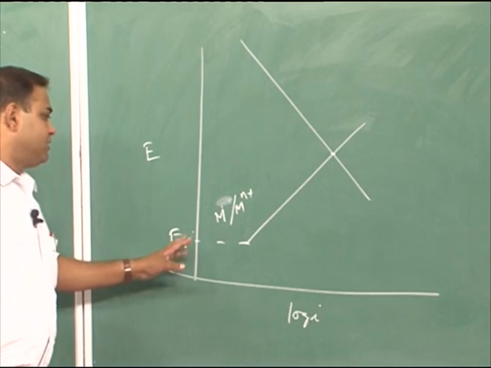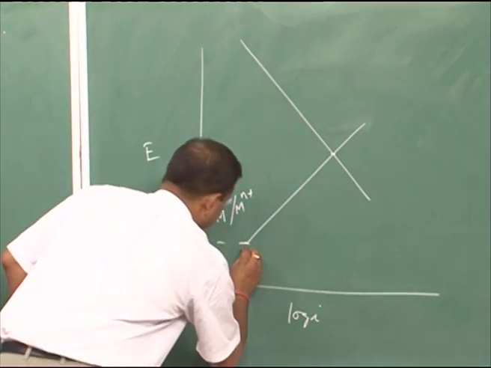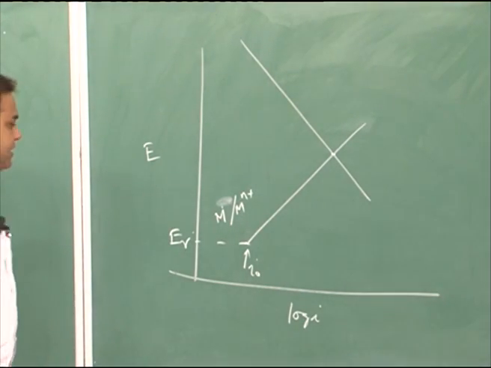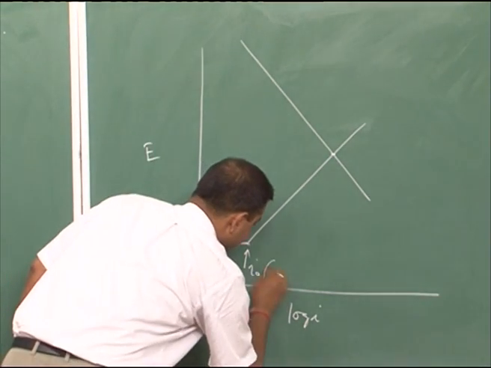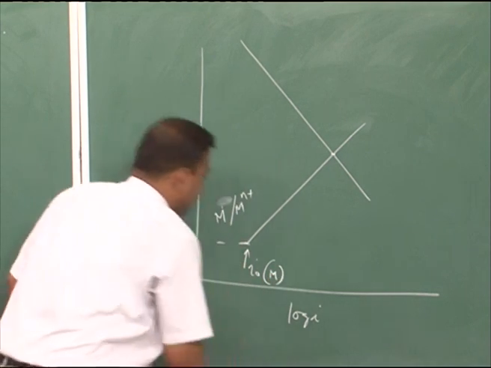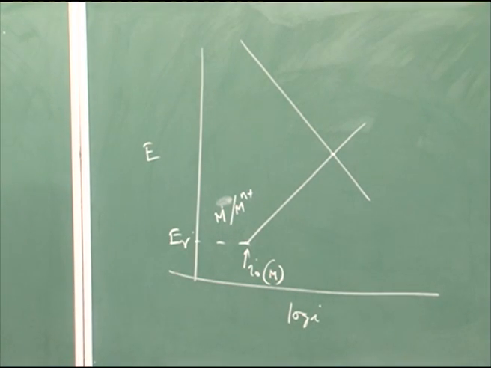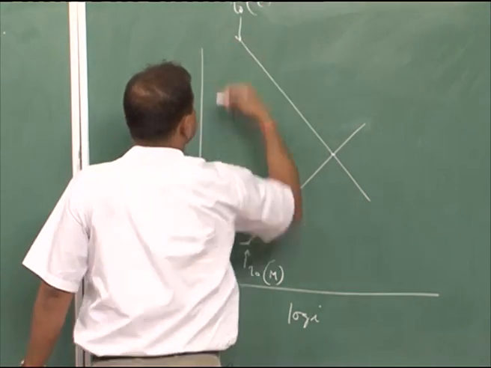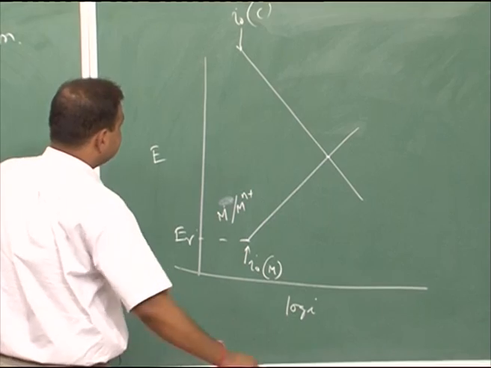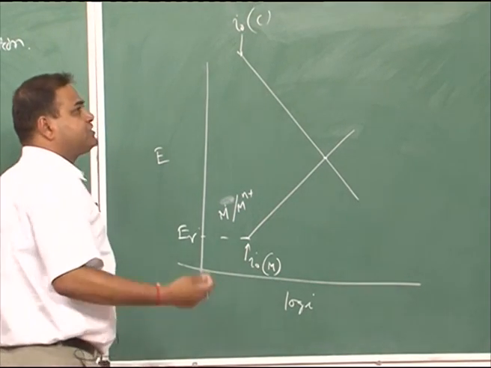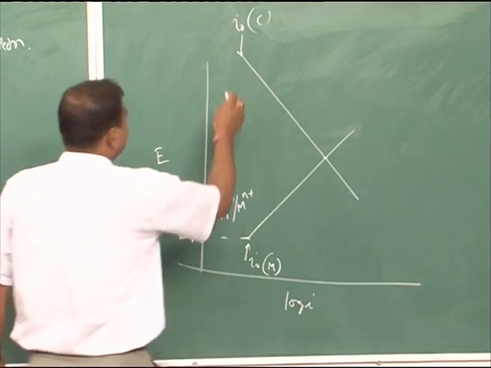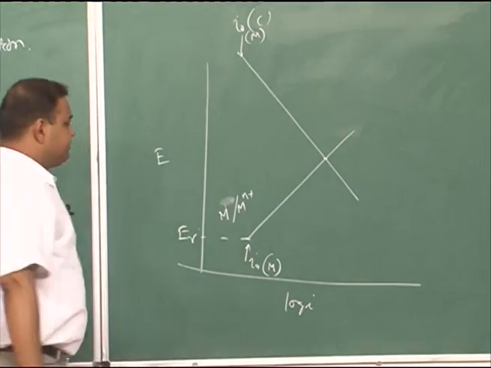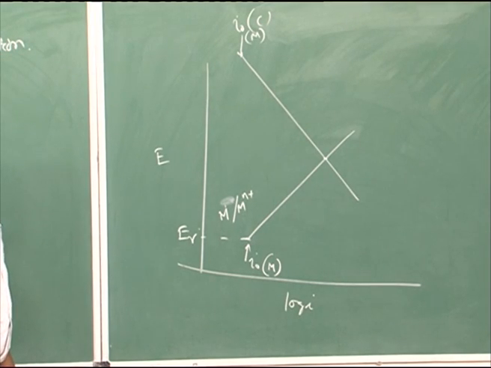So, we can write it as E0, and this is my I0, which is the exchange current density at the metal surface, and that is what I have to write as I0 of M. And this is another reaction, with I0 for the cathodic reaction, C for cathodic reaction. If it is hydrogen evolution reaction, then I0 should be written as I0 bracket on M, meaning the hydrogen evolution is taking place on the metal surface.